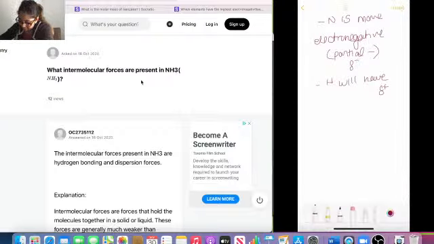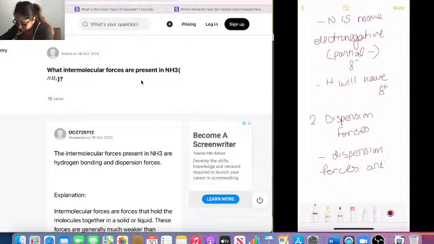However, it also has another force, your London dispersion forces. And you would be thinking why. It's because your dispersion forces are present in almost all compounds.